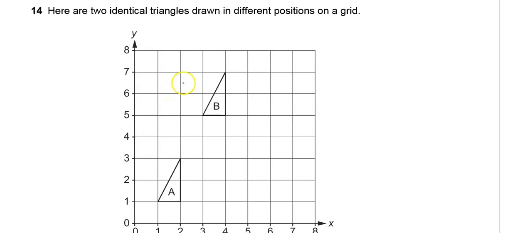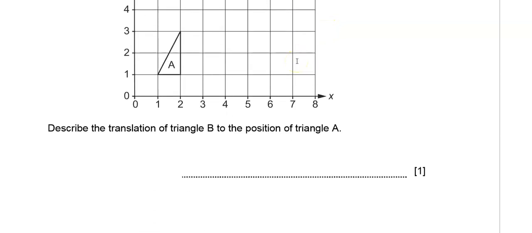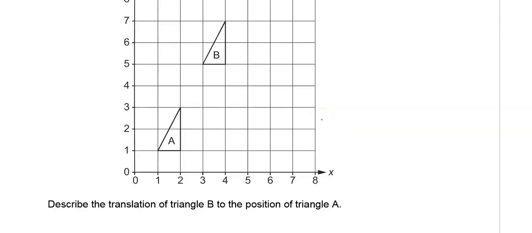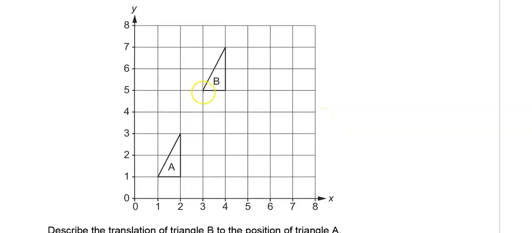Question 14. Here are two identical triangles drawn in different positions on a grid. Describe the translation of triangle B to the position of triangle A. So you consider one point, and this point is corresponding. So for this point to come here, it has moved 2 steps to the left, 1, 2, and 4 steps down.